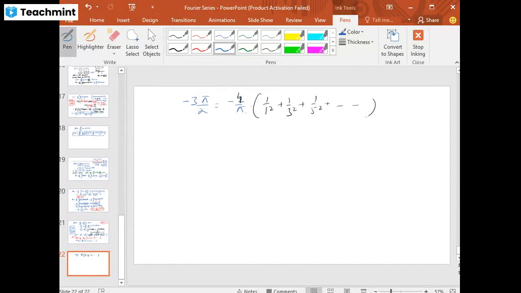So this negative sign gets cancelled out. If we take this factor to the other side, we get 1 upon 1 square plus 1 upon 3 square and so on.